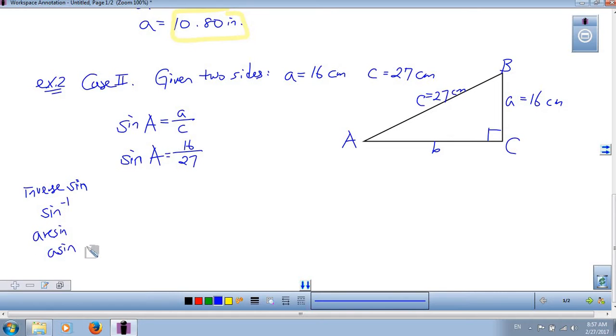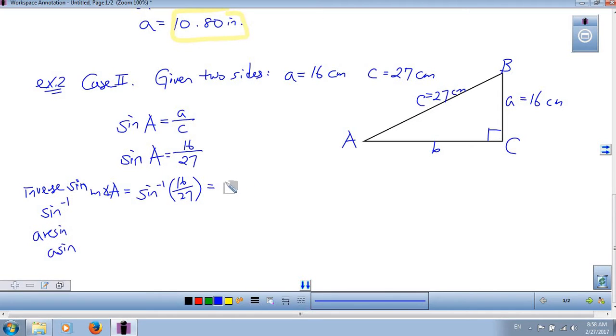It might look like sine raised to the negative first power on your calculator, but it's pronounced inverse sine function. So what you need to do is take the inverse sine of 16 over 27, and that will return you an angle. That will return you the angle measurement of angle A. Alright, so let's try that on your calculator.